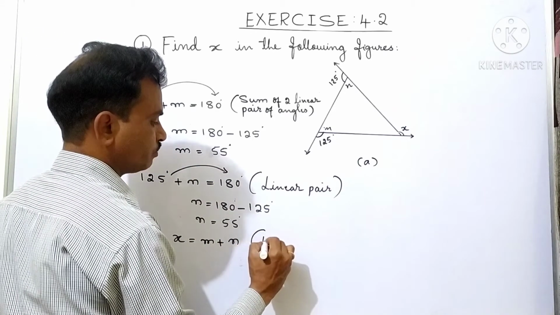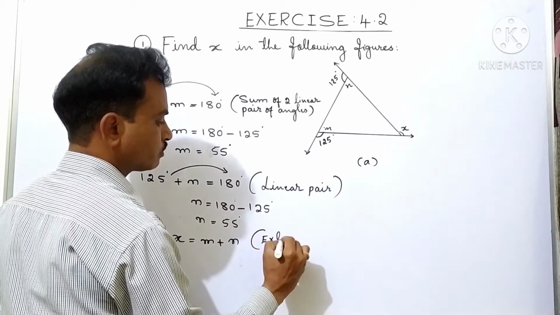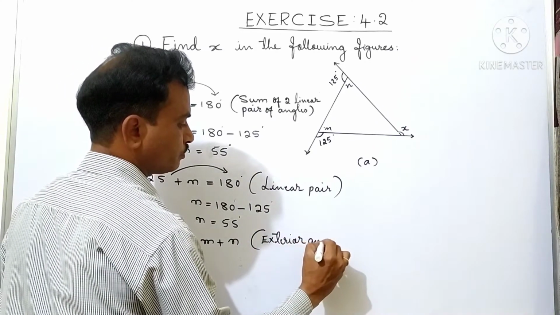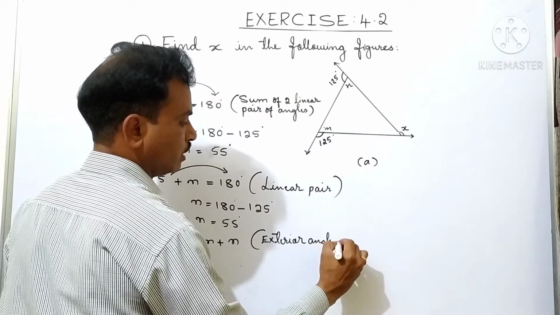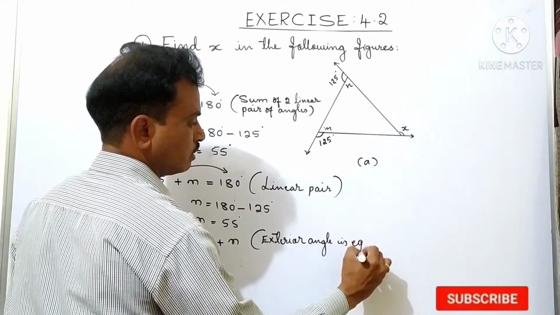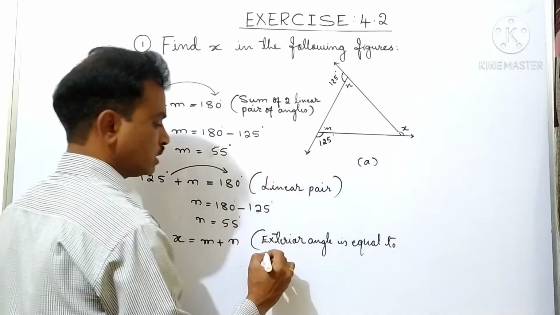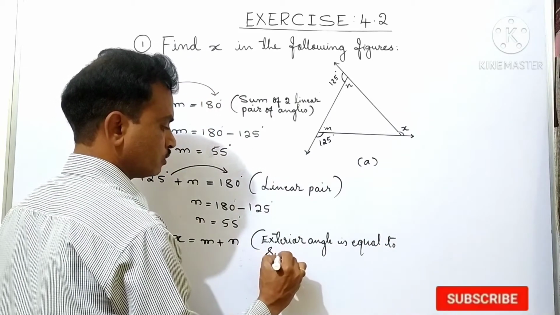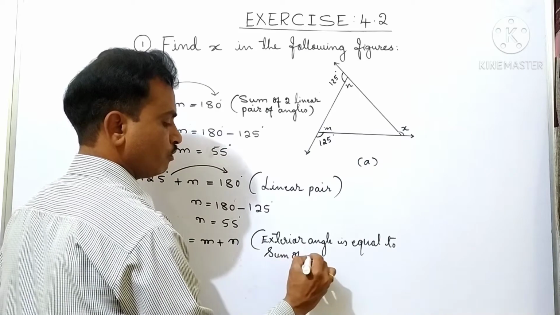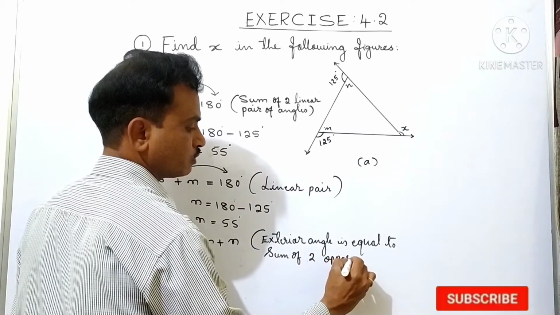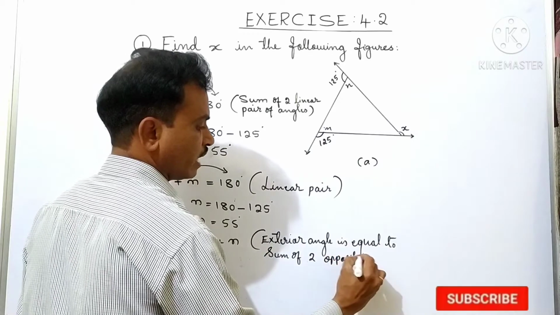Exterior angle is equal to sum of two opposite interior angles.